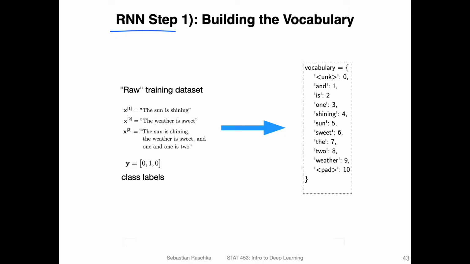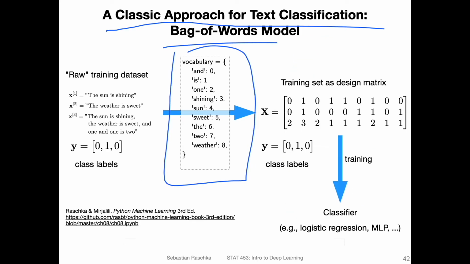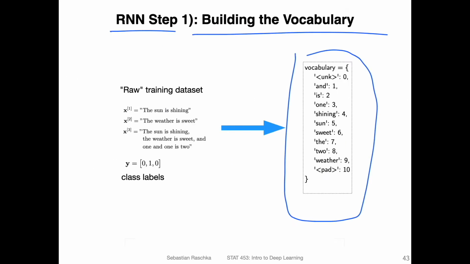Step 1 would be building a vocabulary similar to the classic approach. You can see the vocabulary here is quite similar to the vocabulary I've shown you here. I added 2 things here: unknown, this is for unknown words, and this is a padding for making sequences the same length. This will become clear later.